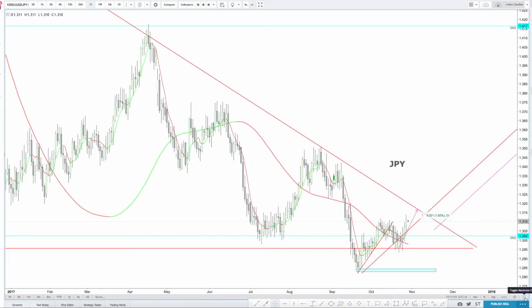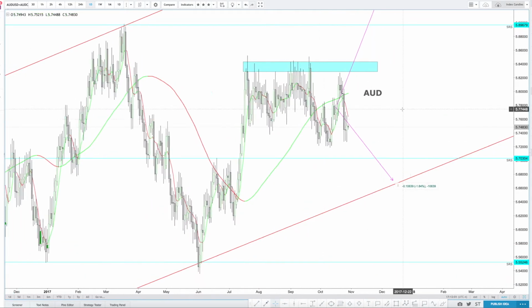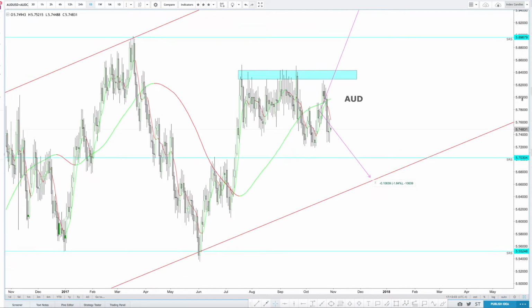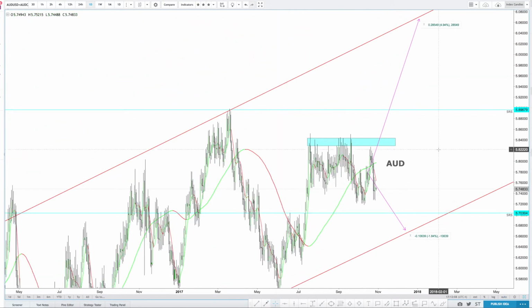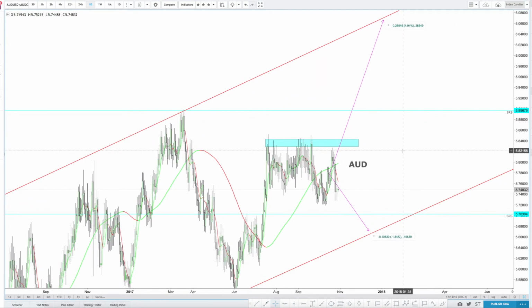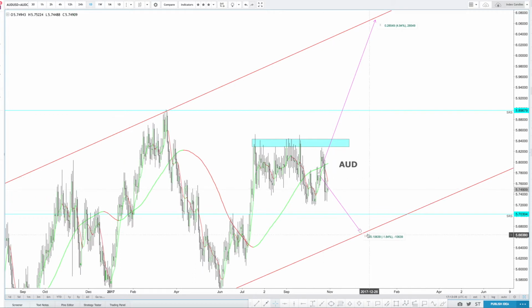Let's look at the next pair, Australian dollar. Same thing here. I've been hesitant about Australian dollar because it's in the middle of this channel, so it can really go either way. I'm still pretty hesitant about trading it.